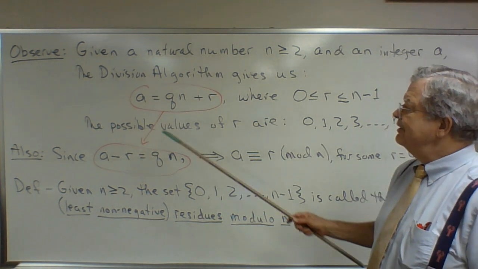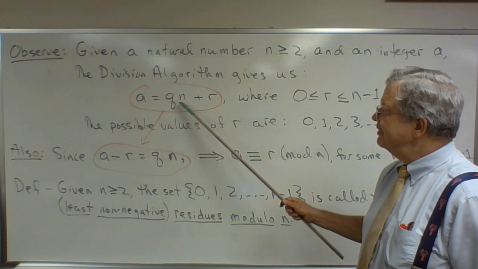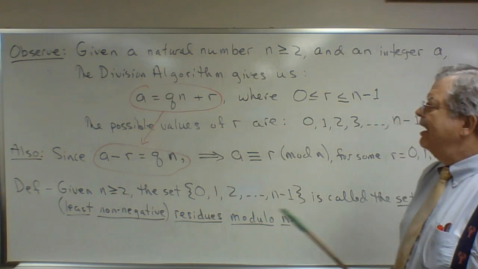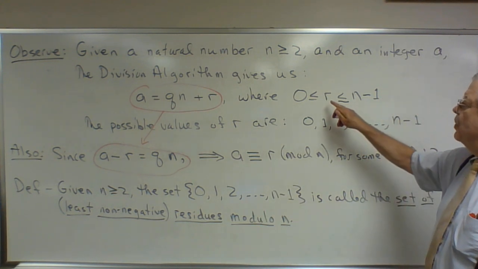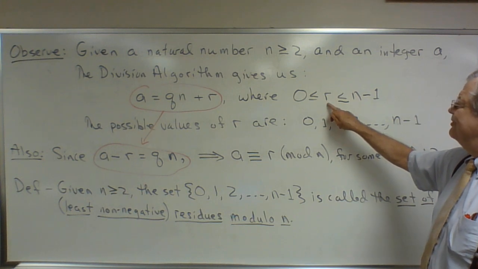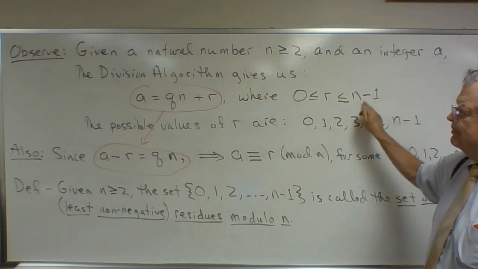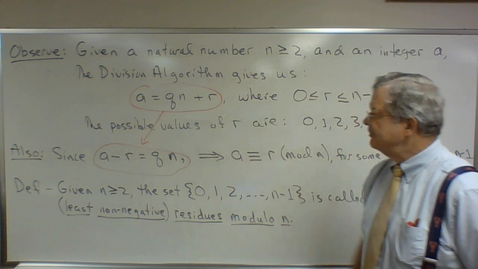So given a and the divisor n, there's only one remainder between 0 and n minus 1 that will work here.